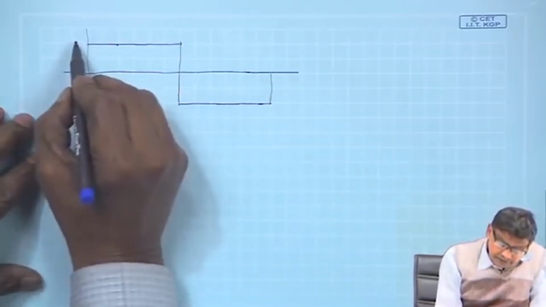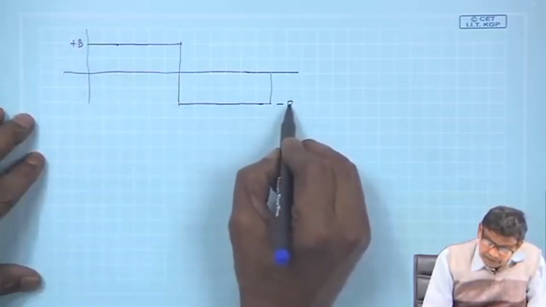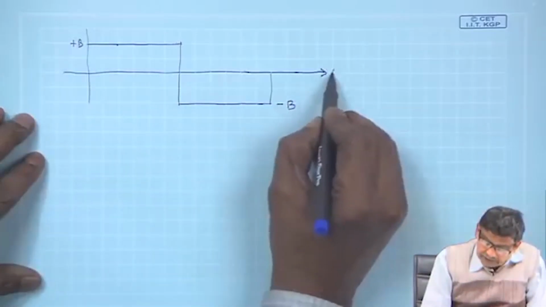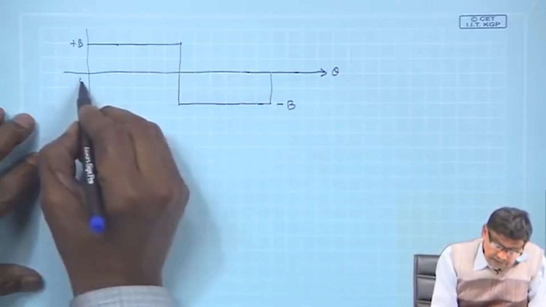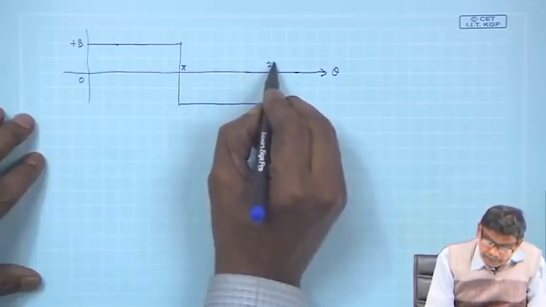This is the plus B and this is minus B, and this is all electrical theta, and this is 0, this is pi, this is 2 pi.